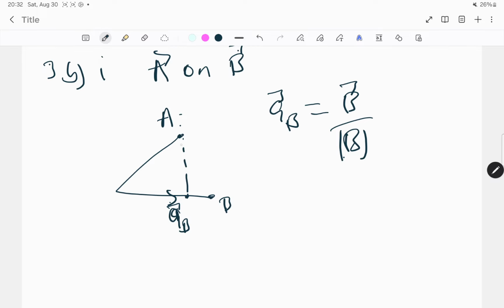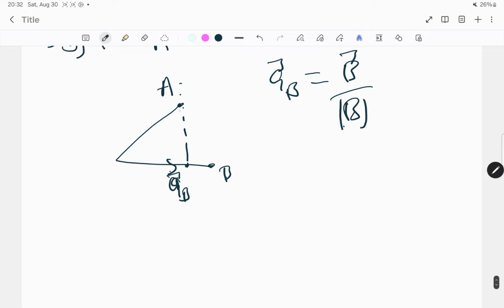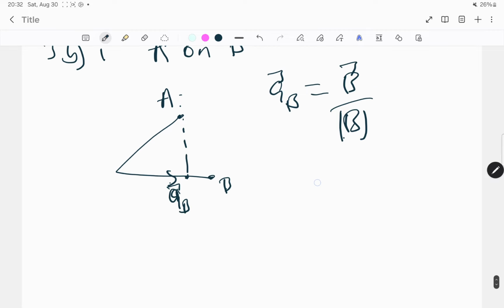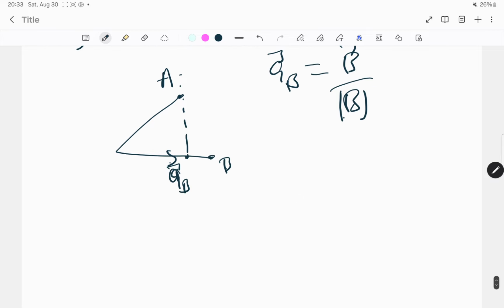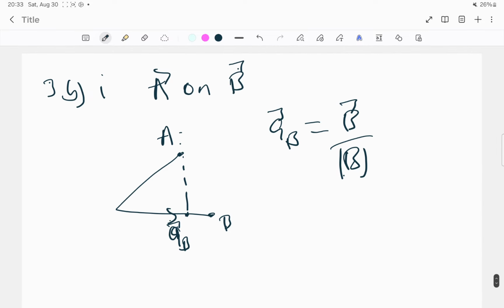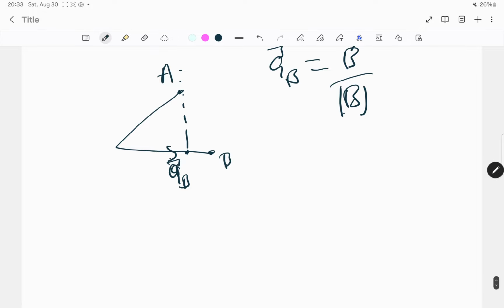Now if I want to do the projection onto this, that means the vector projection here. First, we refer to this as a scalar projection. So first you do what we refer to as the scalar projection.